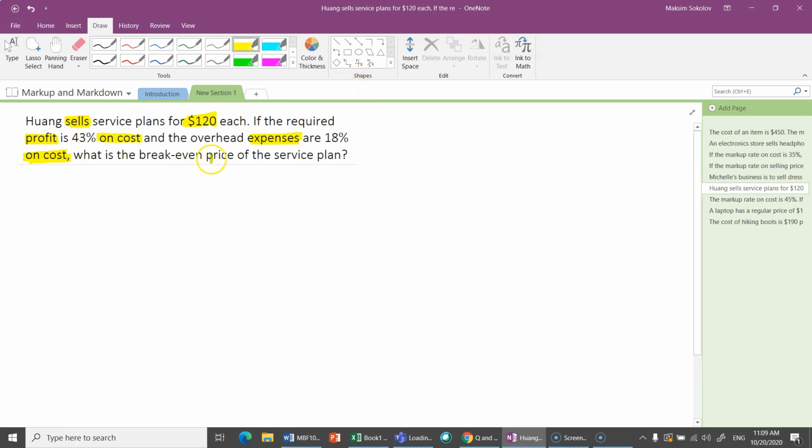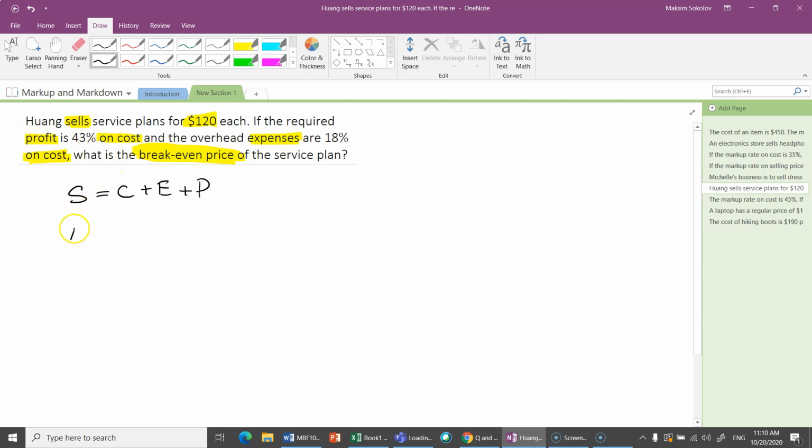We need break-even price, which involves cost and expense, so we need cost in order to find break-even price. Therefore, again, we need an equation which connects selling price, cost, expense, and profit. Again, we'll be starting with this equation. Selling price is cost plus expense plus profit. Now we know selling price, right?